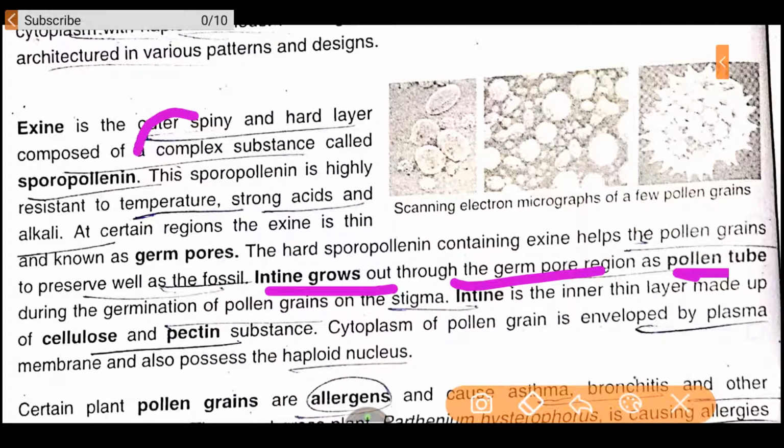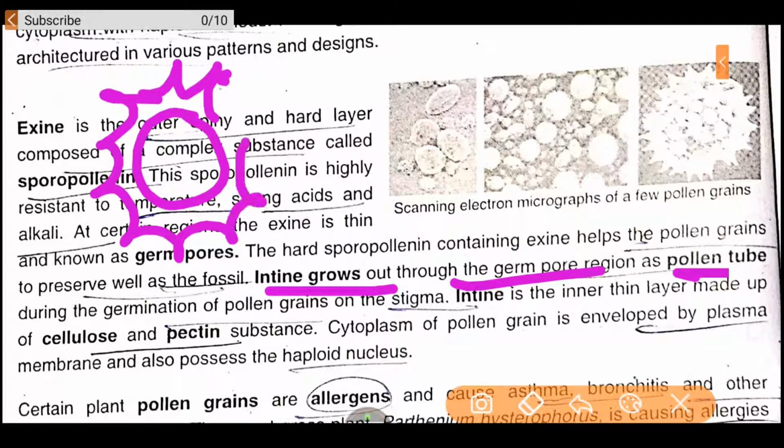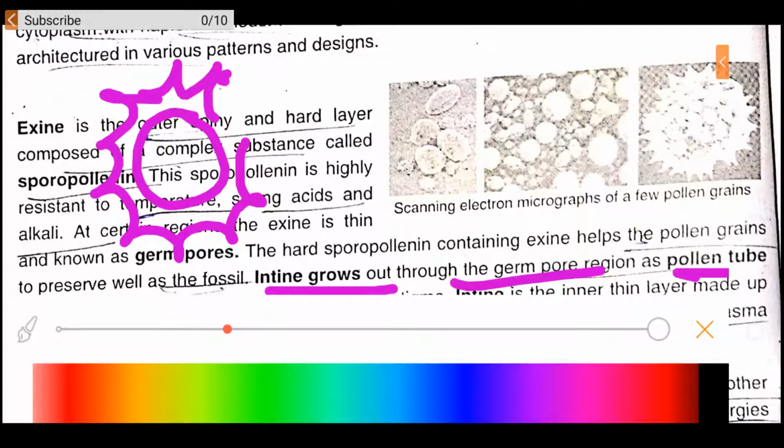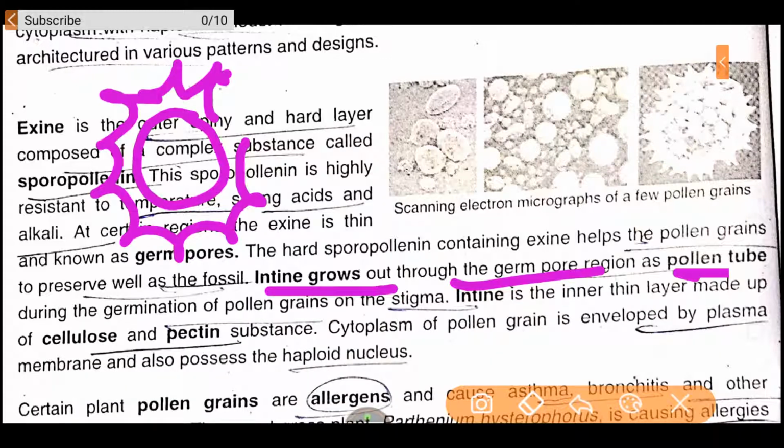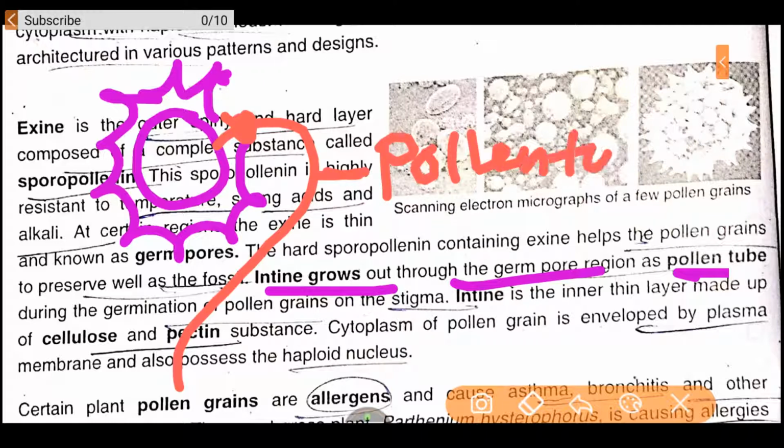So it's the intine layer, and this is the germ pore. Now intine is going to form the pollen tube. Intine grows out through the germ pore region as a pollen tube during the germination of pollen grains on the stigma.